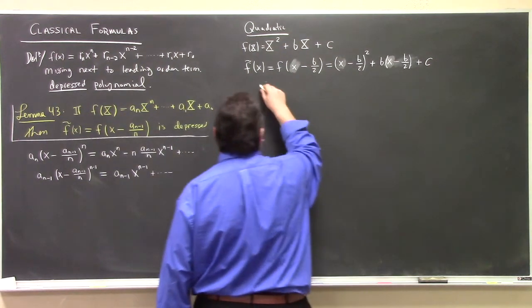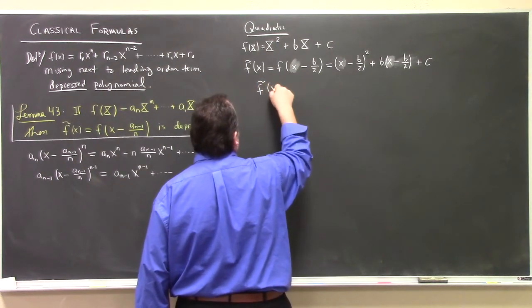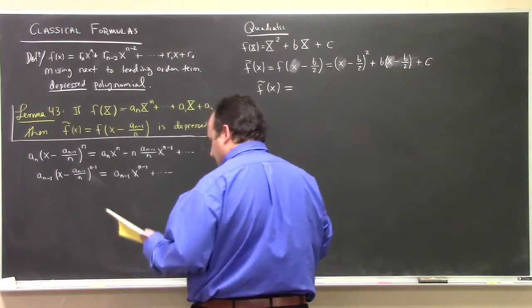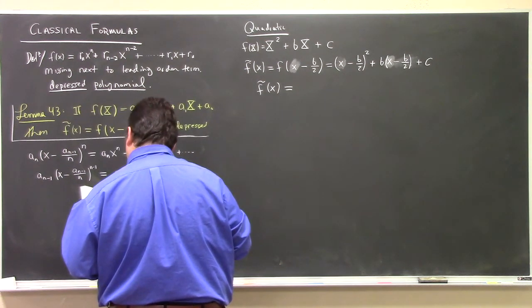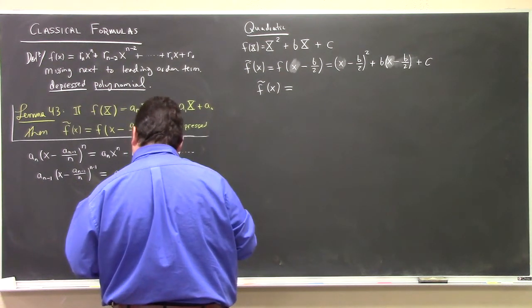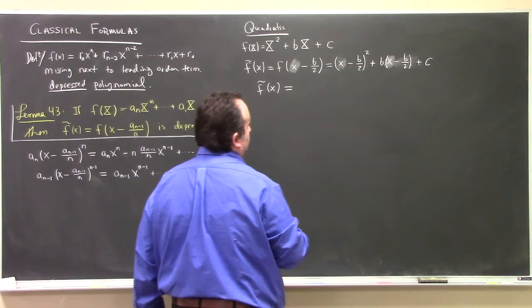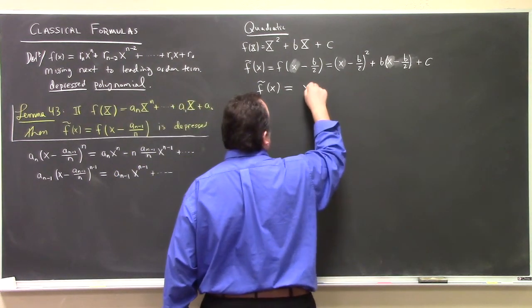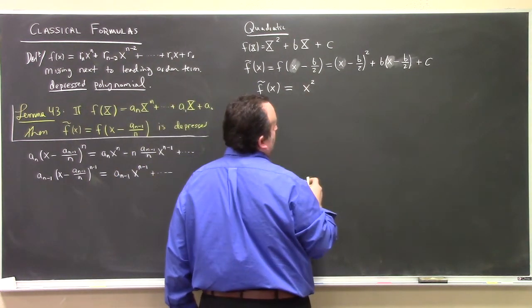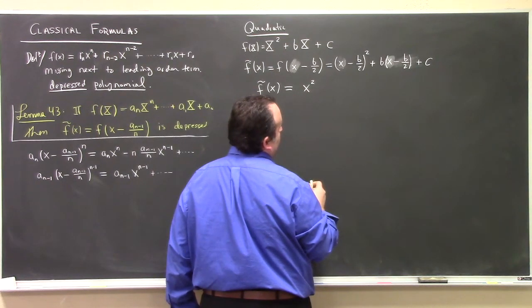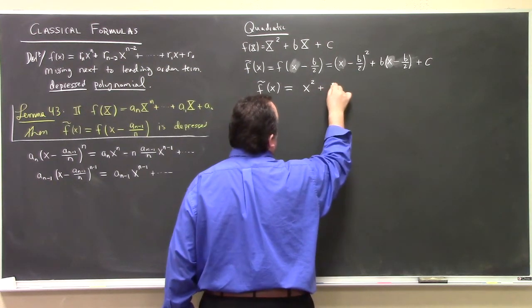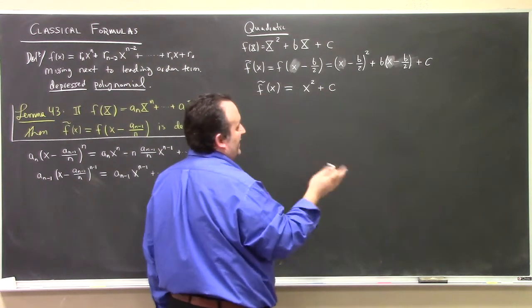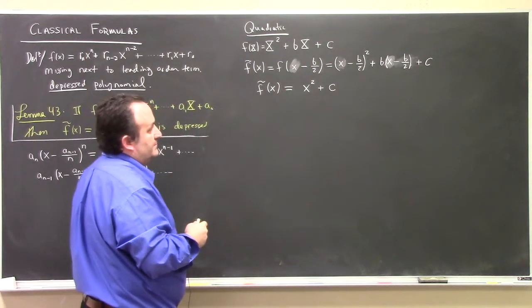So what's that work out to? F tilde of x is what? So we get x squared plus c. Now the dx terms cancel, right?